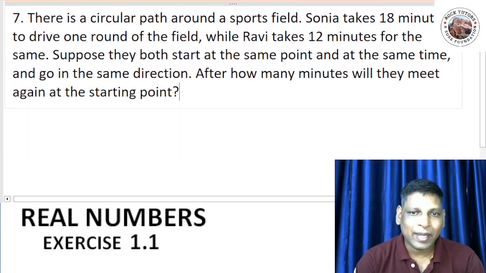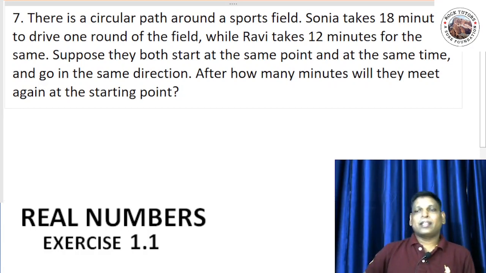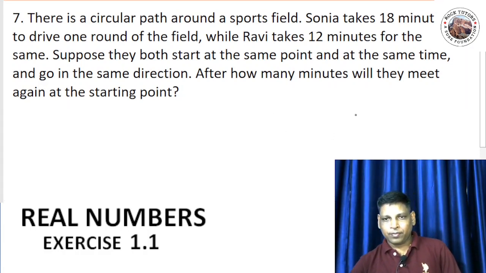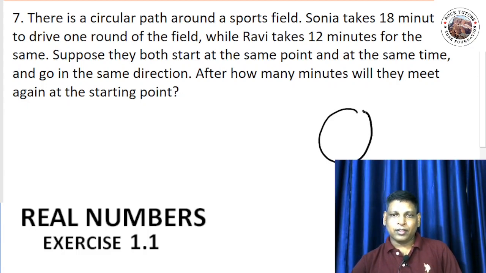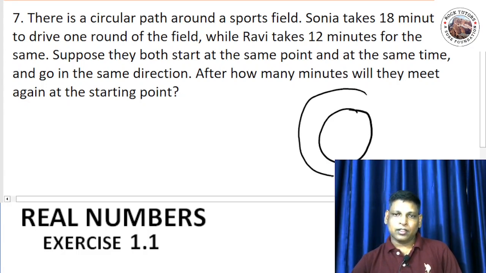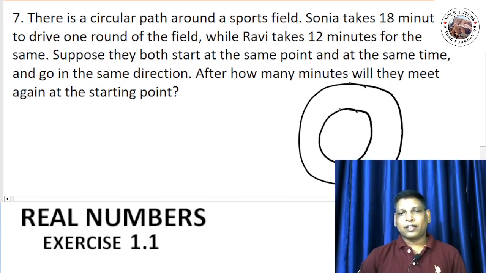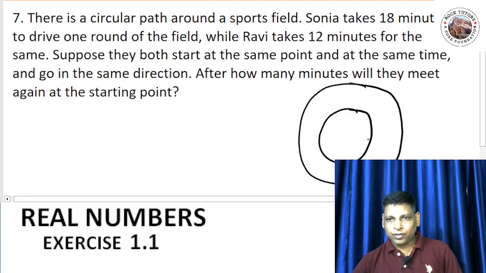Sonia and Ravi. In this question, this is the sports field like this. This is a running track. In this running track, they both started here. This is the starting point.